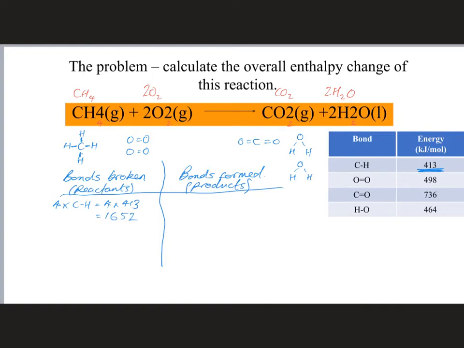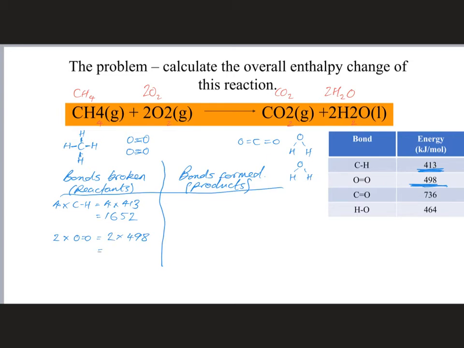What other bonds do we need to break? Well, we need to put energy in order to break these bonds here between the oxygen atoms. So we've got 2 of those, so it's 2 times, now what bond is it? It's this one here, isn't it? That's 2 times 2 of those bonds, so that's 2 times 498.